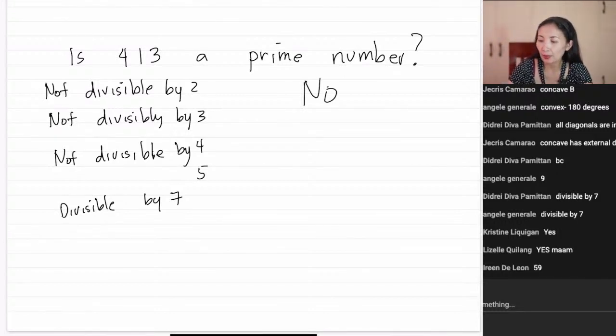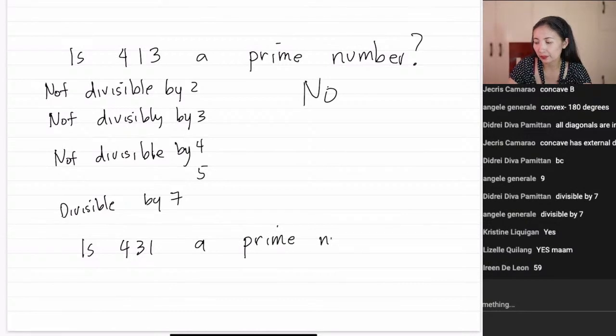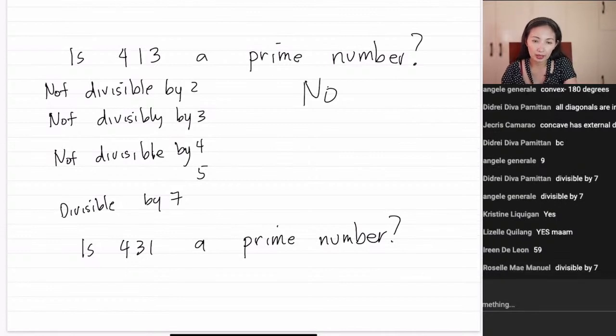59. How about 431? If I reverse it, is 431 a prime number? I want you to answer. Is it also divisible by 7?